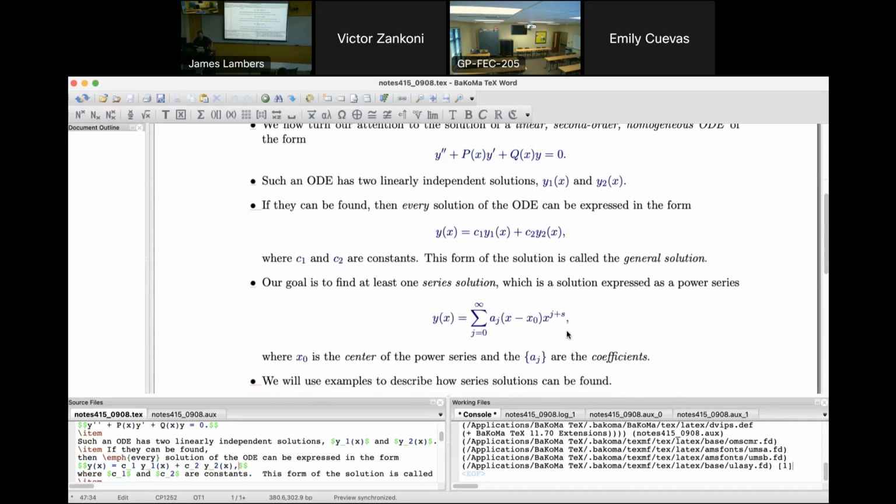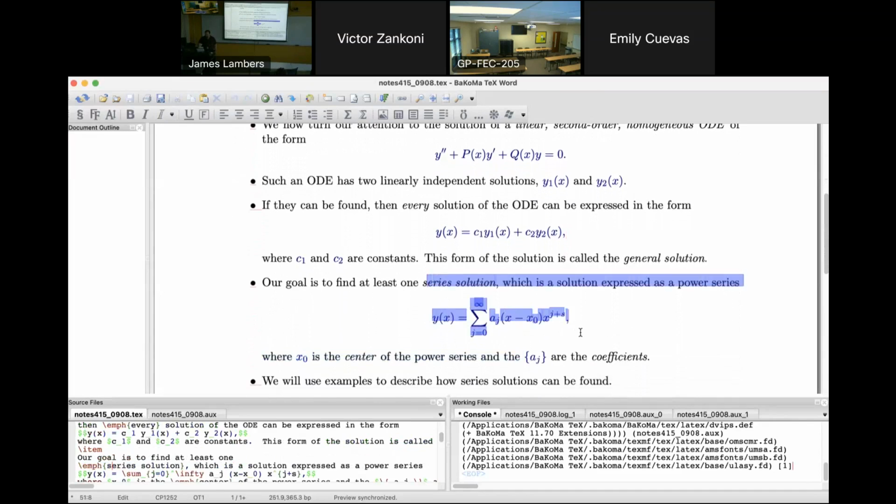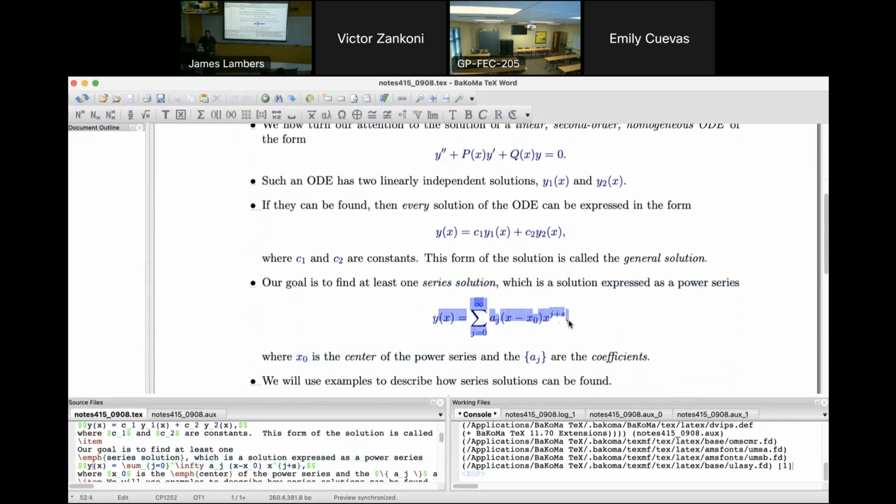Okay. So what kind of solution are we looking for? Something of this form. And I guess it might not be technically correct. Normally the power series is where you have an infinite sum of coefficients times x minus a center raised to some power. Oh, whoops. That x should not be there.